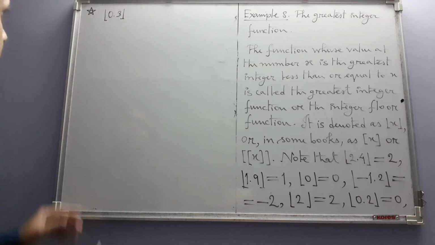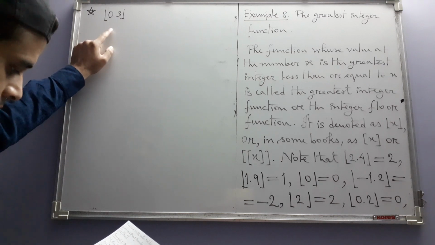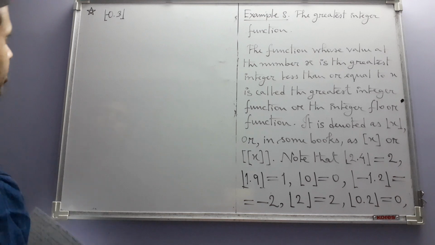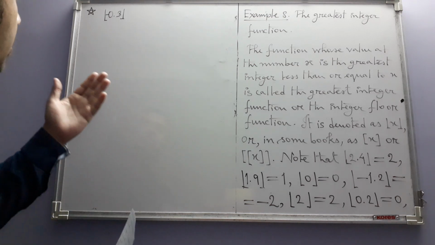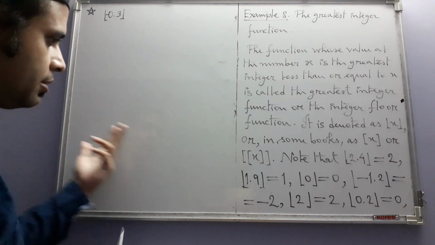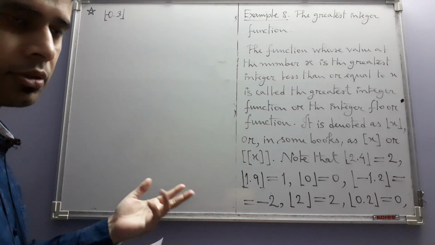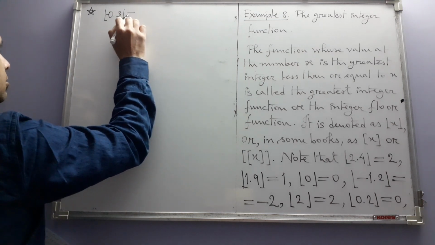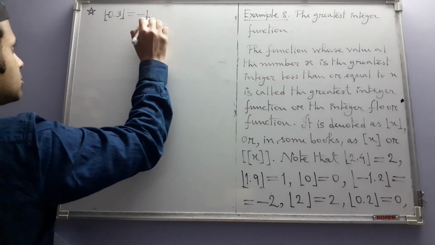The integers less than, this is minus 0.3. The integers less than or equal to this real number are all the negative integers, up to minus 1. Among them the greatest is minus 1, so this is minus 1.